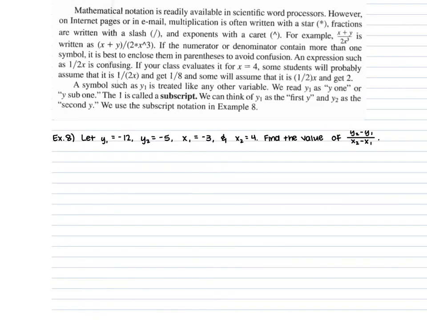Lastly, we are letting y1 equal negative 12, y2 equals negative 5, x1 is negative 3, and x2 is equal to 4. We're finding the value of (y2 minus y1) over (x2 minus x1). If you realize, this is also your formula for slope.